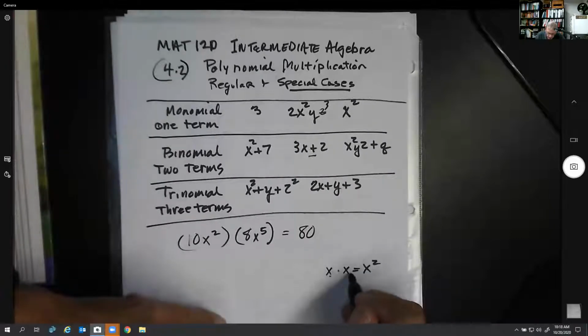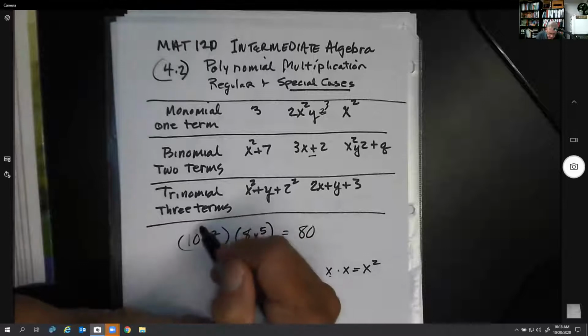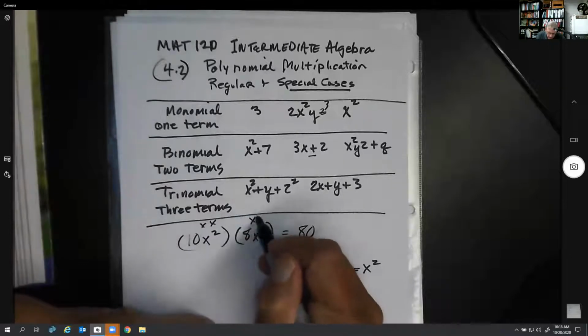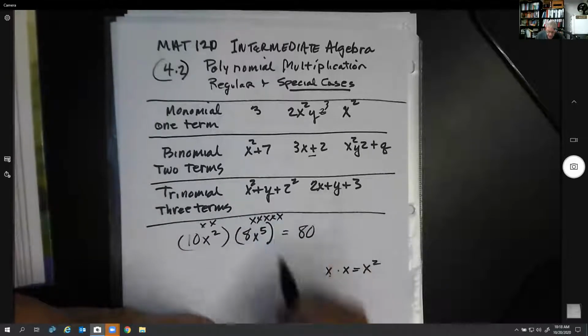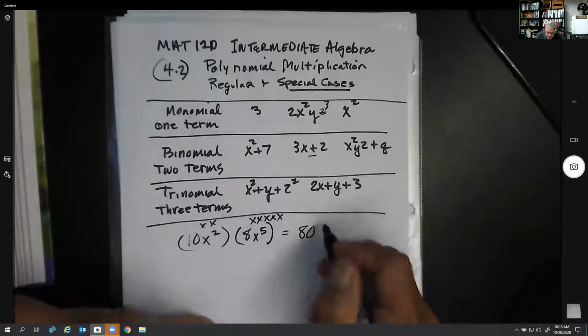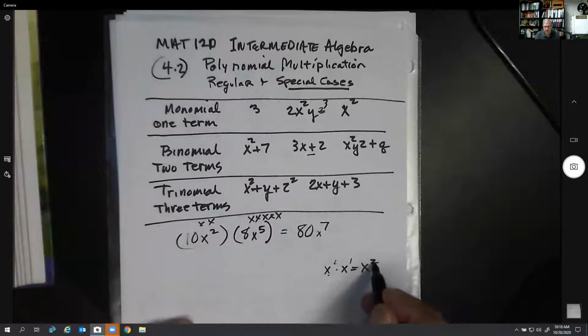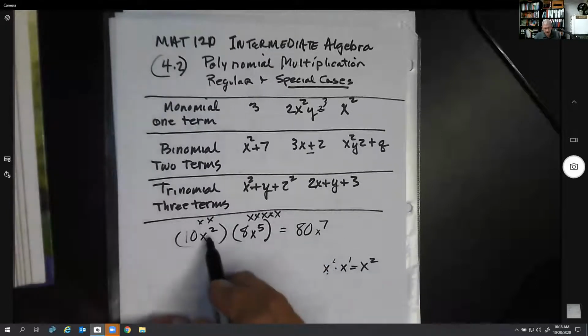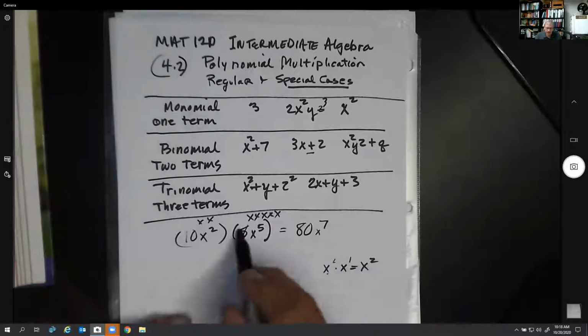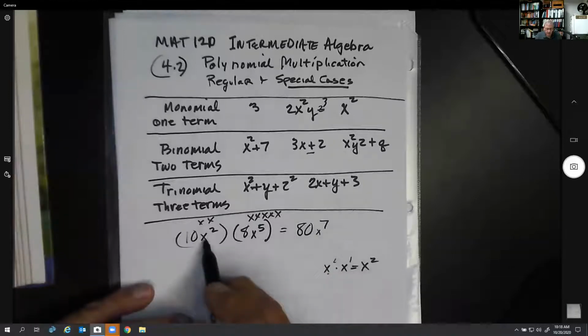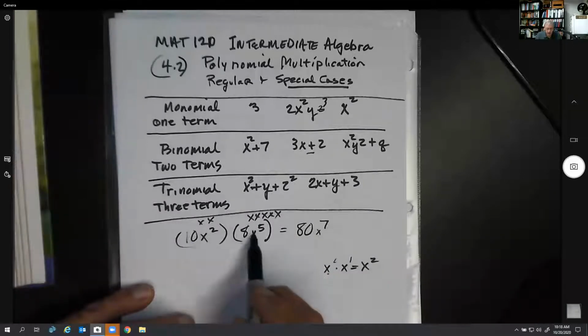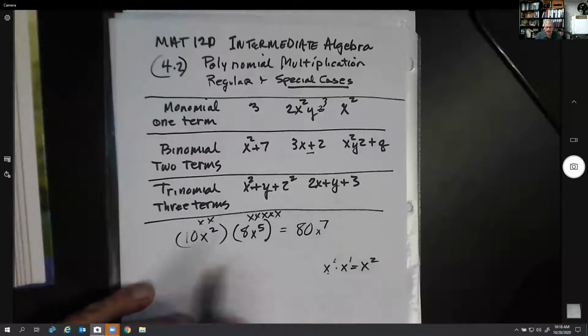Because we have two of them. So what we have here is 2 here and 5 here. Altogether we have 7 x's, x to the 7. We're not multiplying these powers, we're adding them, because if we multiplied them, it would be x to the 10. So remember, when you're multiplying numbers, you multiply them, but when you're multiplying variables, we add the exponents. So 2 and 5 make 7.